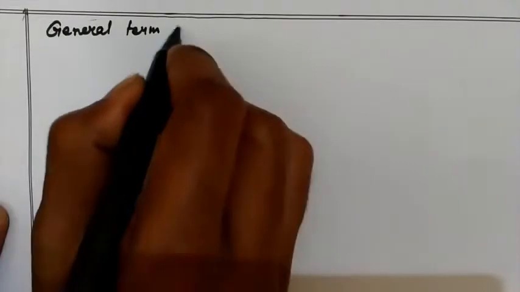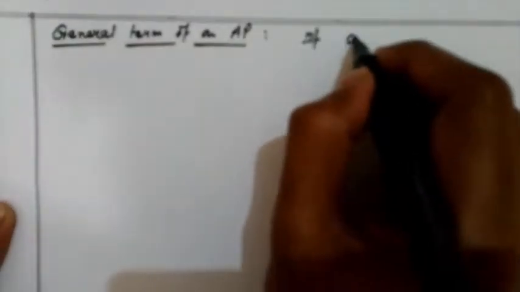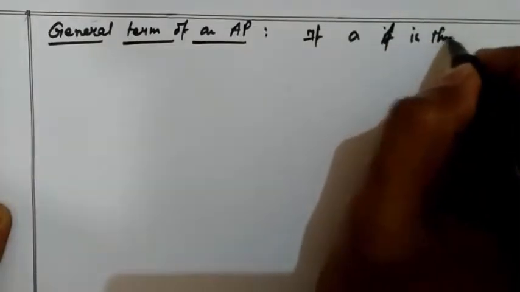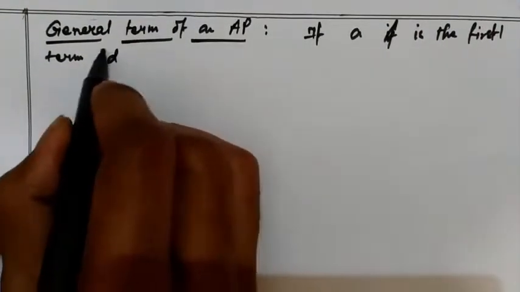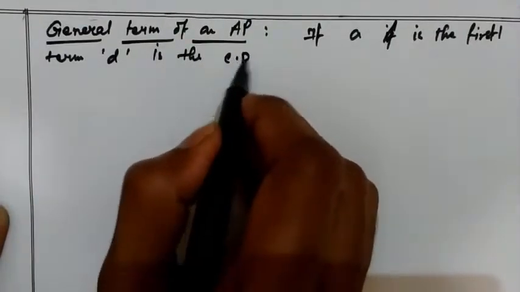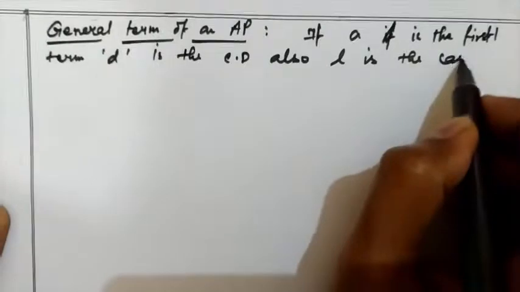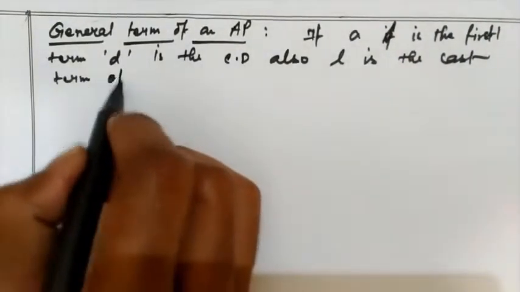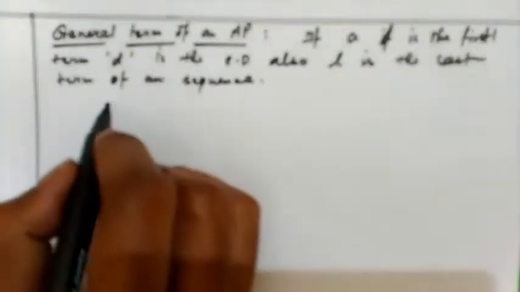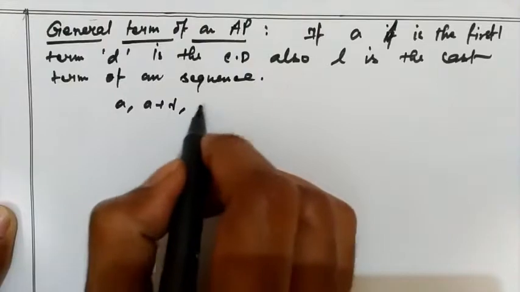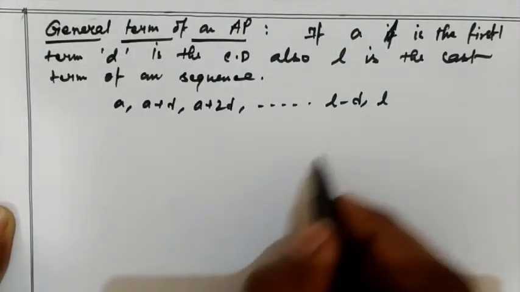If A is the first term, and D is the common difference, also L is the last term of a sequence, then the AP can be written as A, A plus D, A plus 2D, and in this way up to L minus D, L.